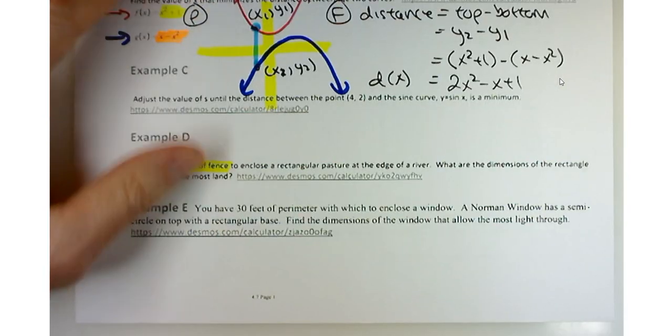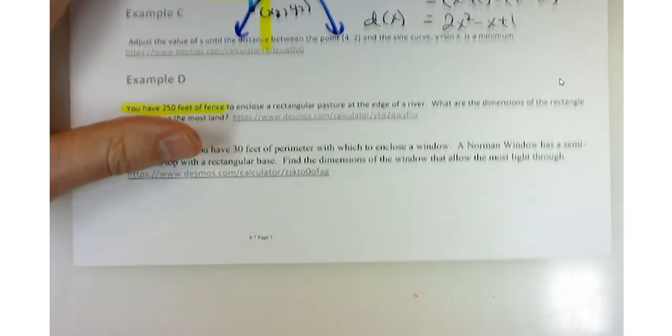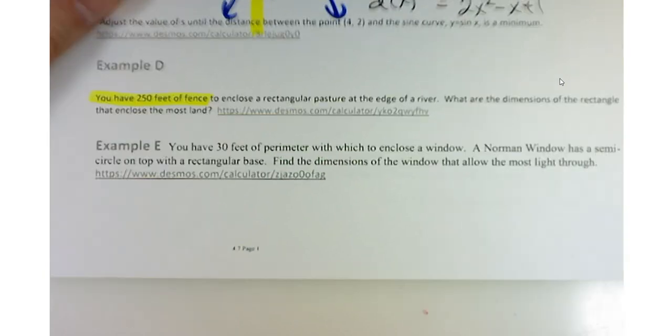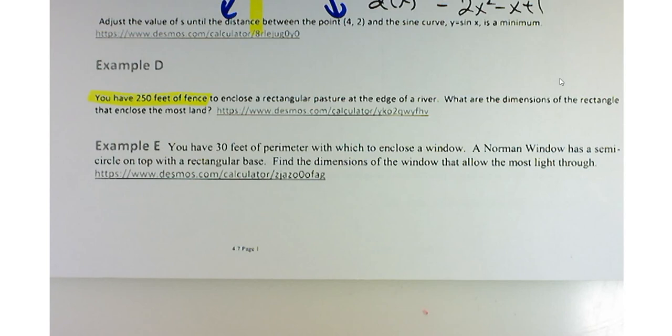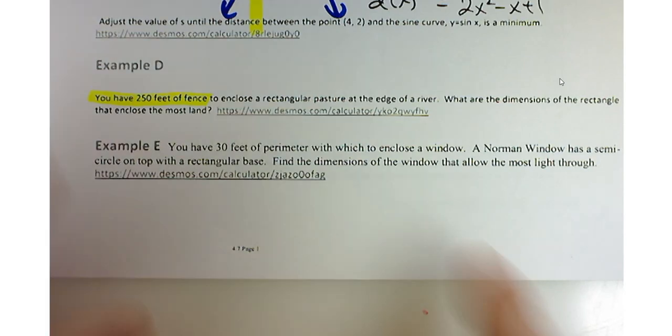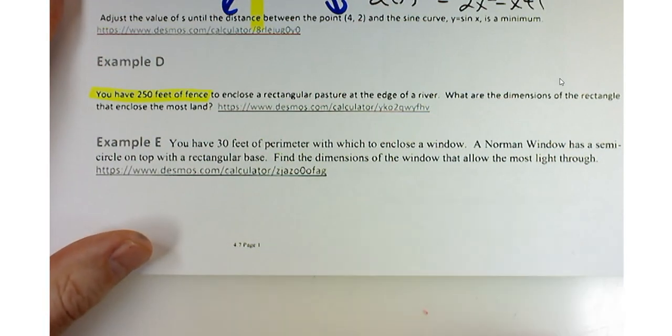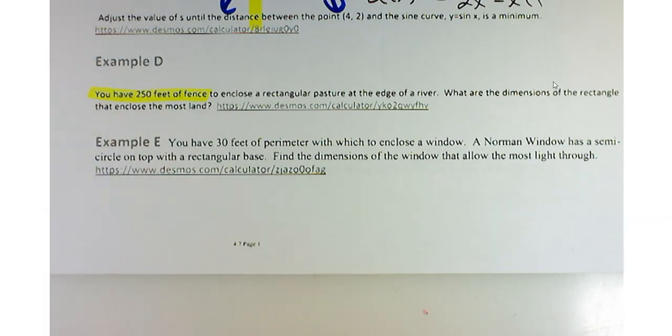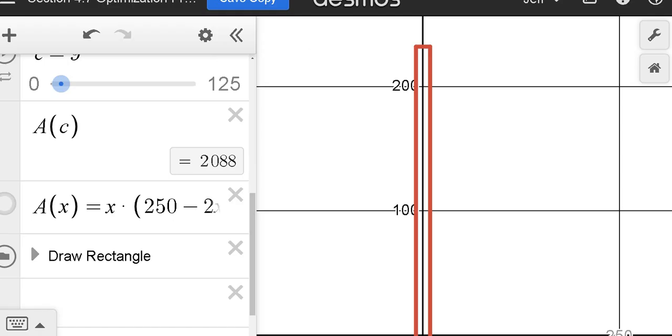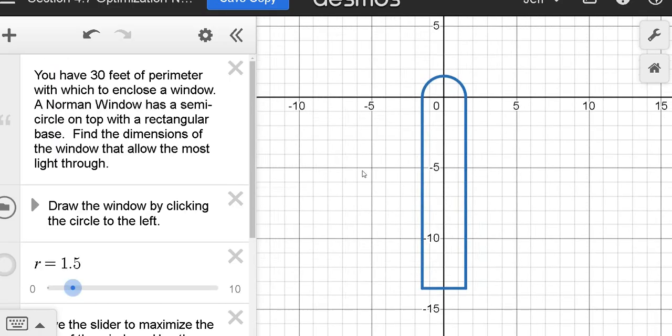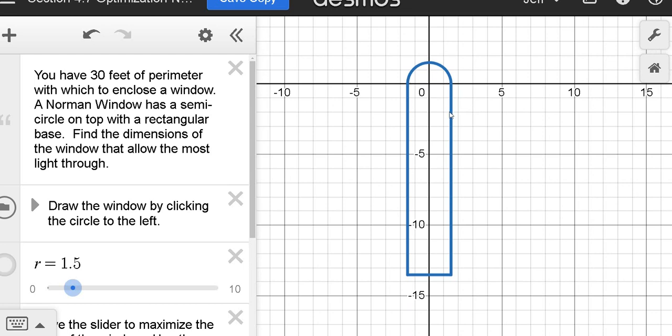Ah, the Norman window. You know, I've talked to architects, and I've not found too many that have heard of a Norman window. But what a Norman window is when you put a semicircle on top of a rectangular base. So let's take a look at a little Desmos thing here. So here's your semicircle on top of a rectangular base. You have 30 feet of perimeter to enclose this window.